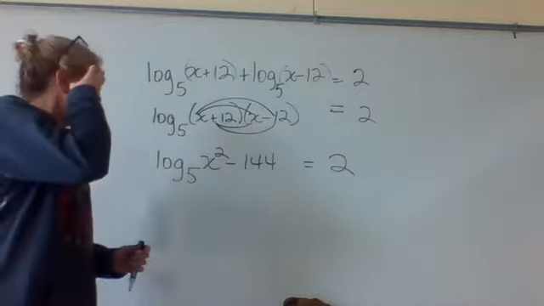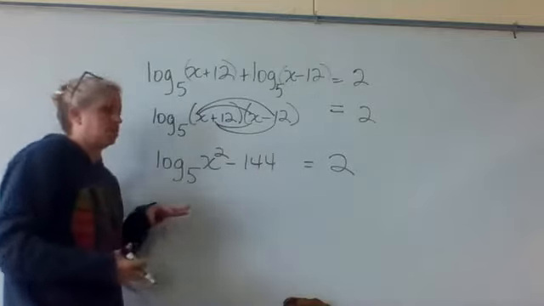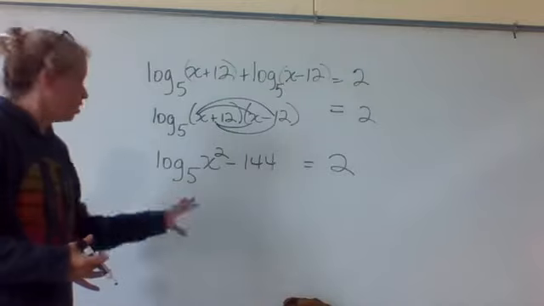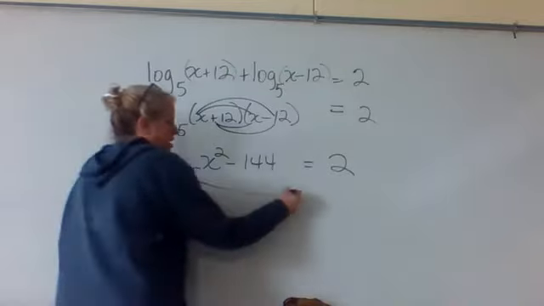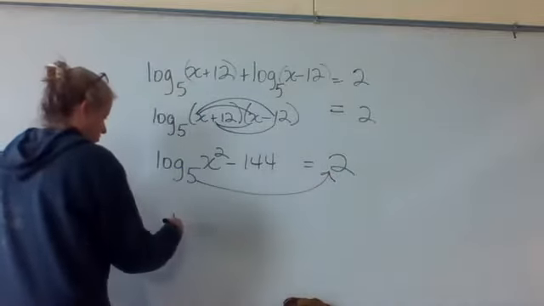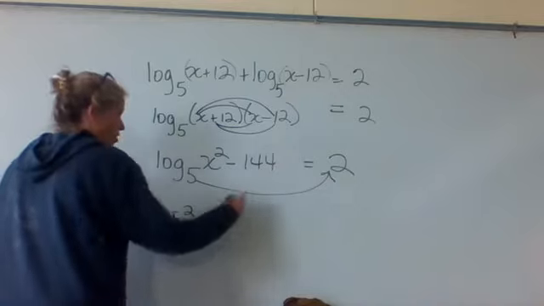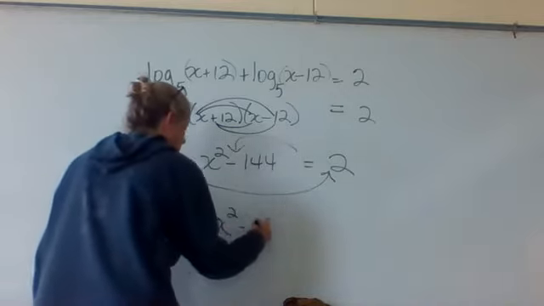Equals 2. Now on this one, I don't have logs on both sides to be able to cancel them off. If you still have a log, that's when you're going to turn it into the exponent. So 5 to the second power equals x squared minus 144.